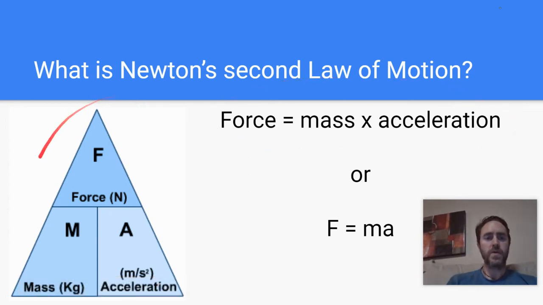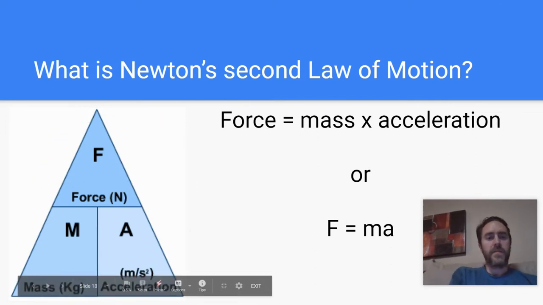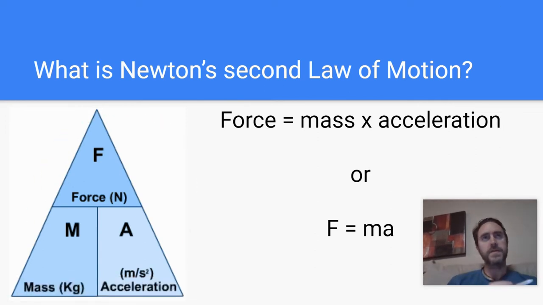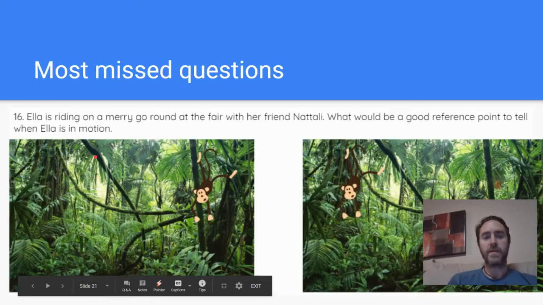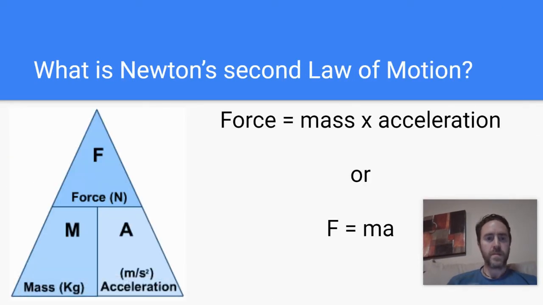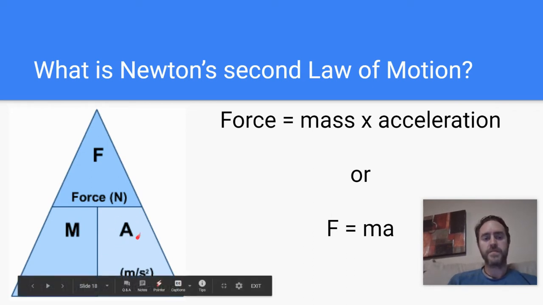I also want to show you this on the left side. Remember we did this distance, speed, time triangle? You can use that triangle to calculate force, mass, and acceleration. So say if you have mass and acceleration, that means you can calculate force by taking your mass times the acceleration.